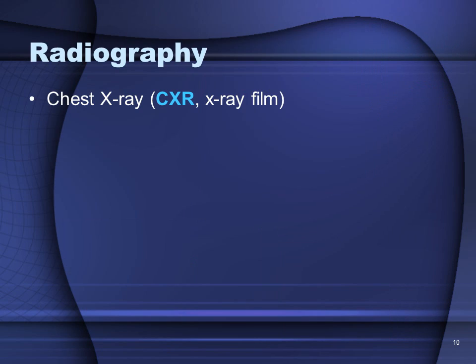In this presentation, we're going to discuss various radiographic techniques, the first of which is the chest x-ray, or capital CXR. This is how we abbreviate chest x-ray, and this is the most common film that's used in radiology today.